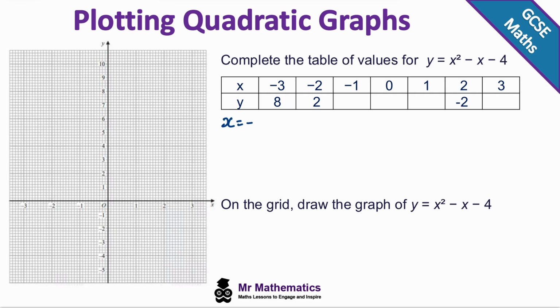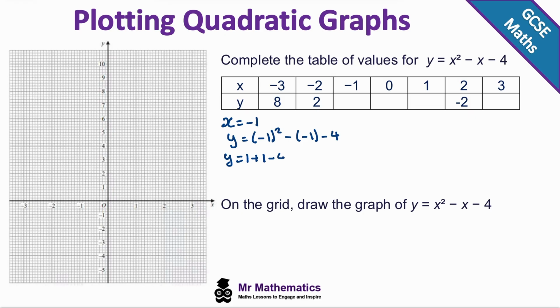When x equals -1, we'll substitute the -1 into these values of x. So we'll have the -1 squared minus the -1 minus 4. So when you square the -1, we get +1. When you subtract the negative, we get a positive.